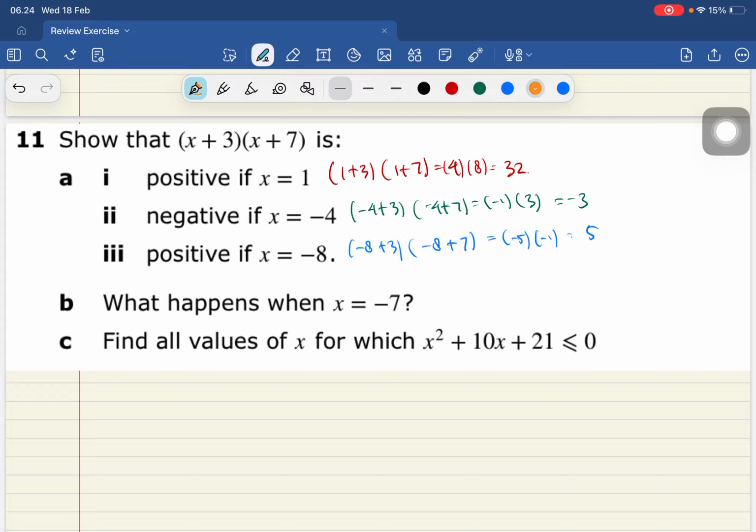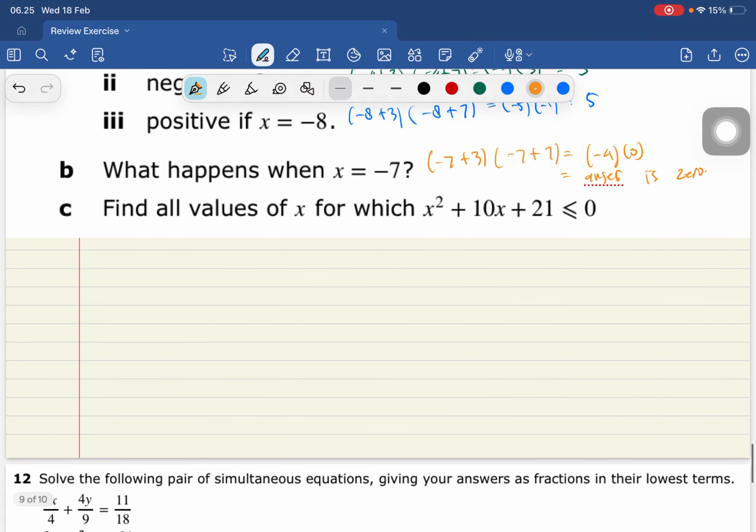Next, what happens when x equal to minus 7? Let's try it. So minus 7 plus 3, and here is minus 7 plus 7. Minus 7 plus 3 is minus 4 multiplied by 0. So the answer is 0.